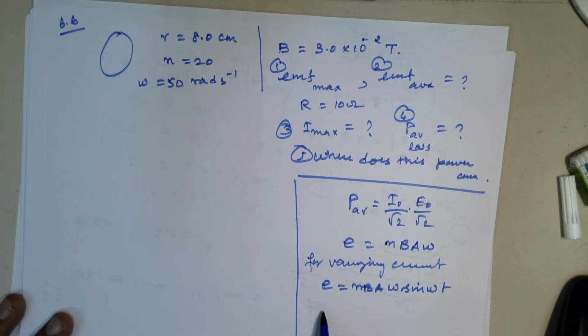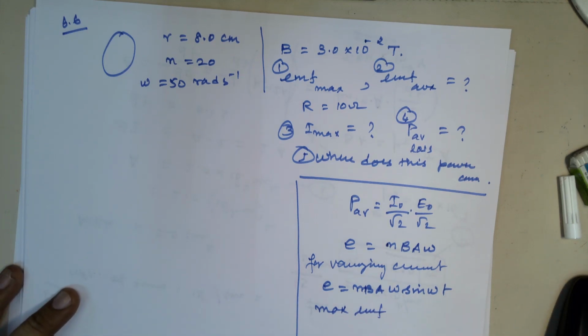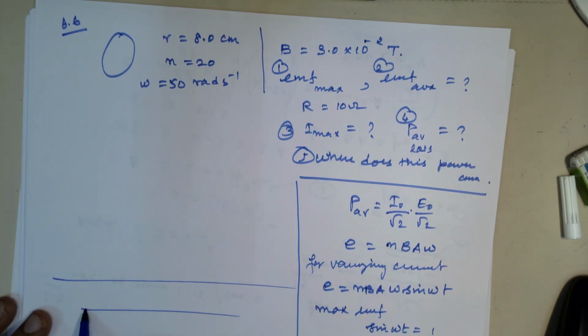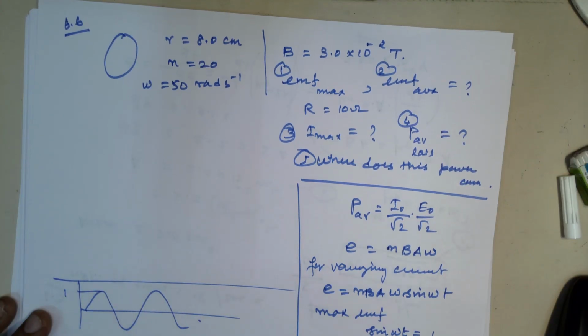For maximum EMF, sin omega t is equal to 1, because it forms the sinusoidal wave. Do you remember? I was discussing this.